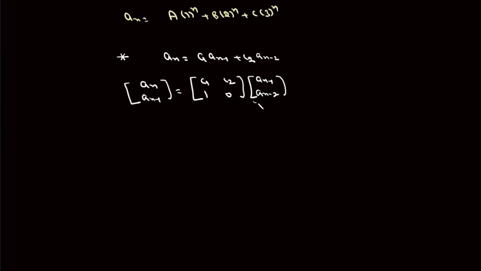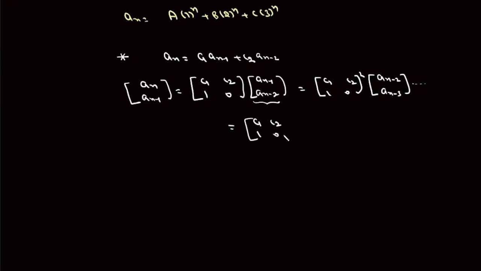Now we can write this again, then it'll be this [c1 c2; 1 0] squared times (a_(n-2), a_(n-3)), and if we keep doing this transform, we can write this as [c1 c2; 1 0] to the power n minus 1, and then it'll be this (a1, a0).